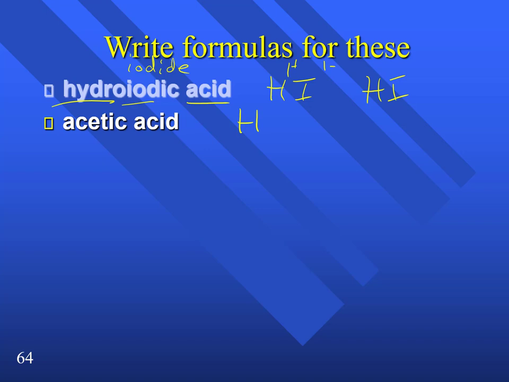Acetic must be, if it's ick, I ate it, right? So acetate, right? Acetate, one of our polyatomic ions, that was C2H3O2 with a negative charge. H was 1 plus. So the formula is HC2H3O2. Why don't they just write C2H4O2?